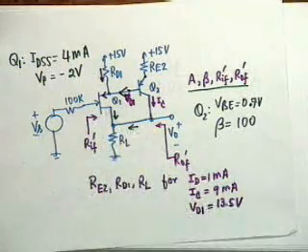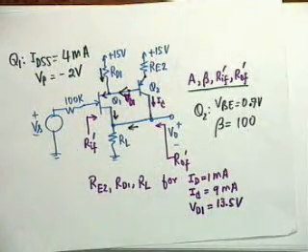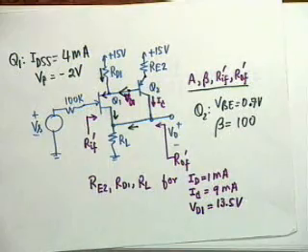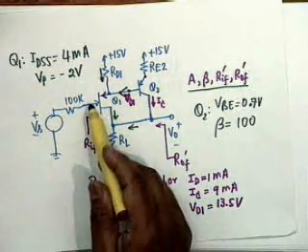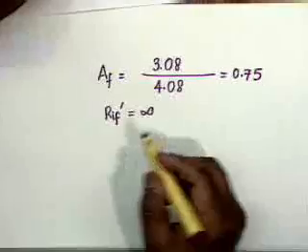What does this source see at Q1? Infinity. The gate is open and therefore nothing can change. Make any feedback that you like, nothing changes. So RIF prime is infinity, that is no problem.